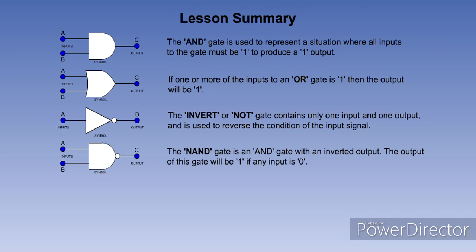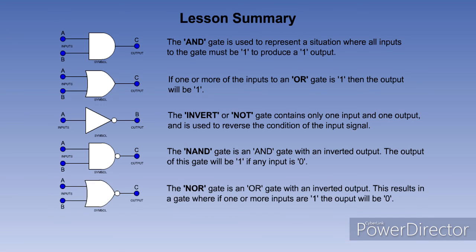The NOT AND or NAND gate is an AND gate with an inverted output. The output of this gate will be 1 if any input is 0. The NOT OR or NOR gate is an OR gate with an inverted output. This results in a gate where if one or more inputs are 1, the output will be 0.